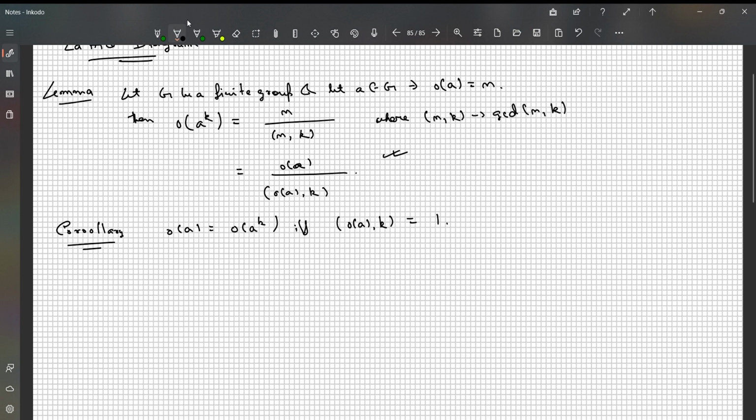If the order of a is equal to n and (n, k) is equal to 1, then obviously you can have integers s and t such that ns plus kt is equal to 1.